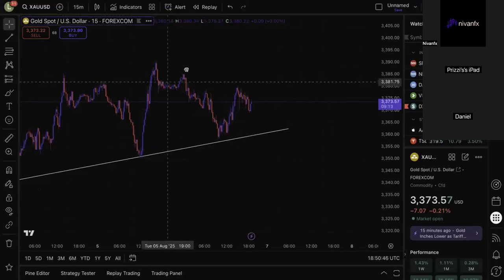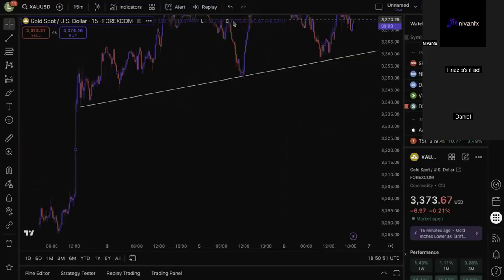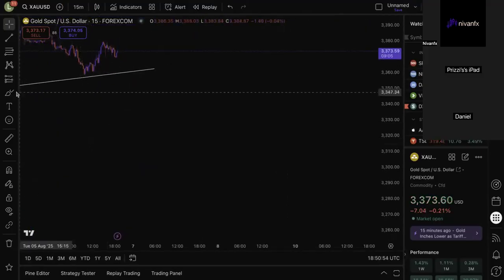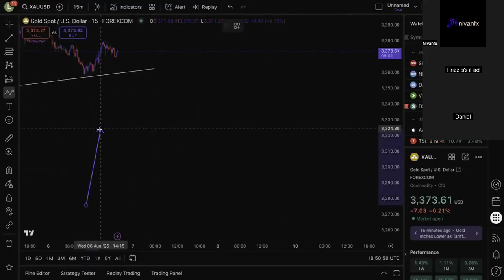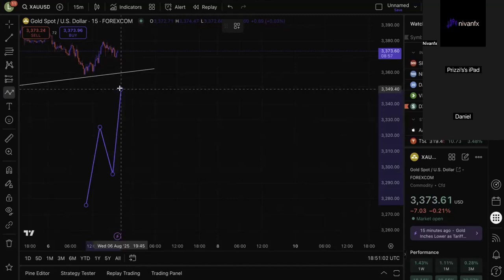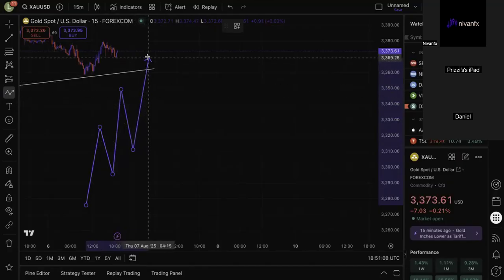Now I want you to understand that there is a way the market moves. For example, we are in a bullish market. The market creates higher highs and higher lows. Now, we want to be buying at the lowest point of the market.